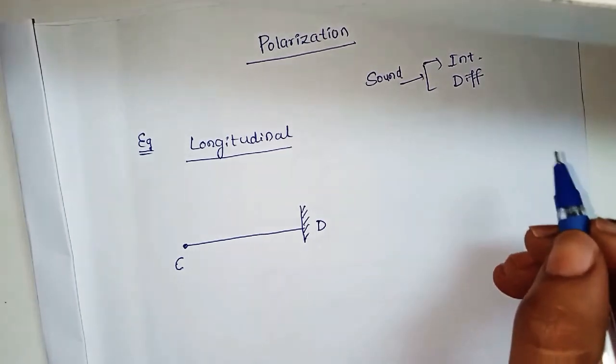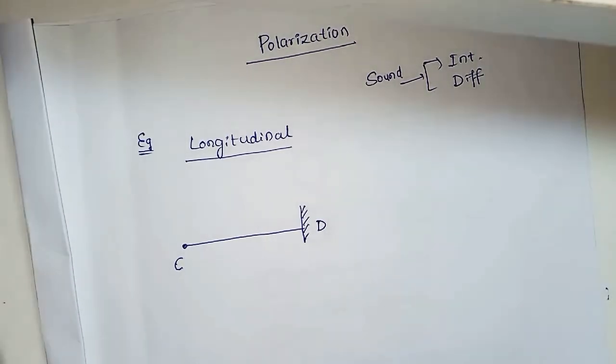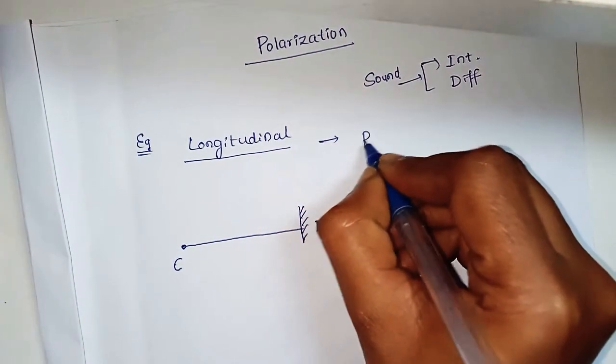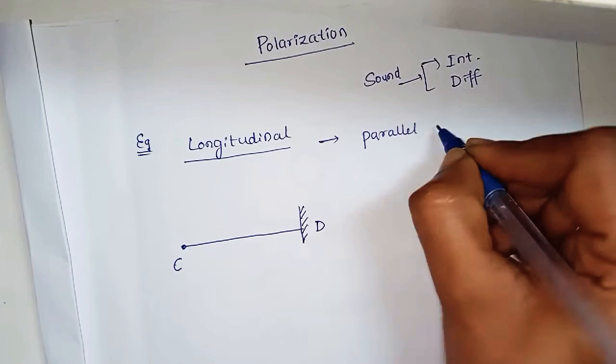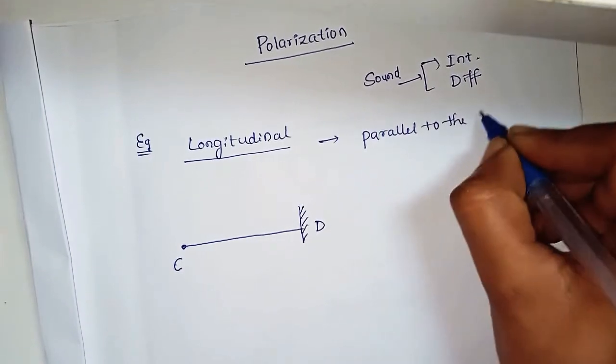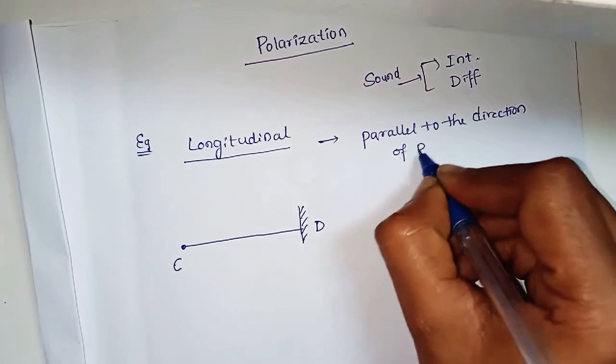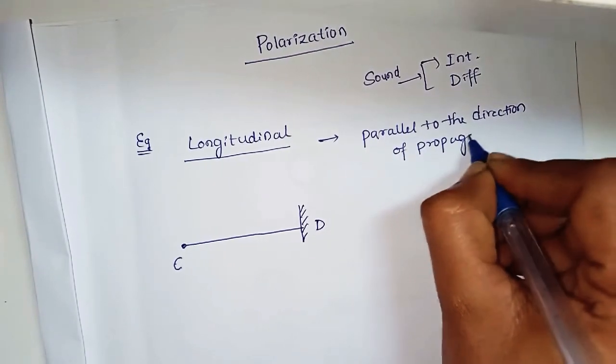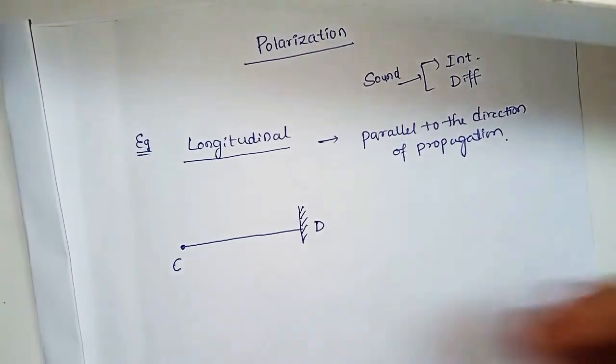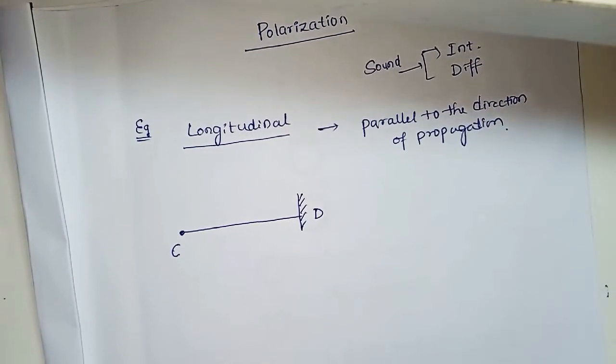A longitudinal wave is one in which the wave is parallel to the direction of propagation. Okay, this is about the longitudinal wave.